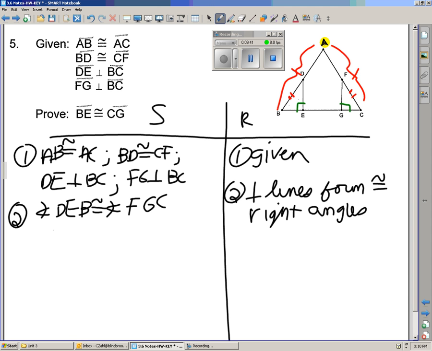Then at that point, we can go back to the fact that we have a big isosceles triangle in which these guys right here are congruent.